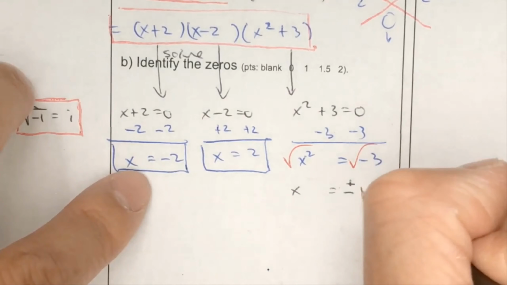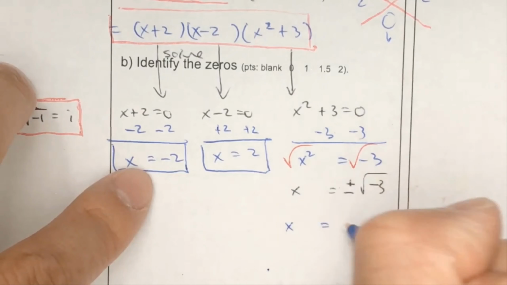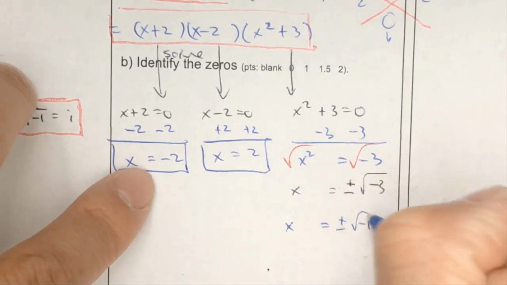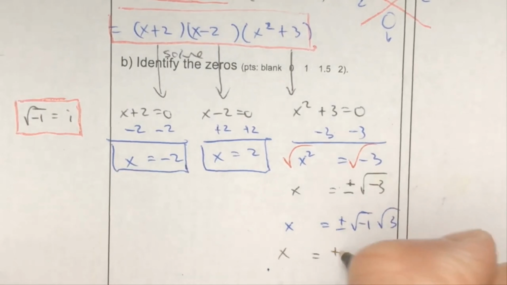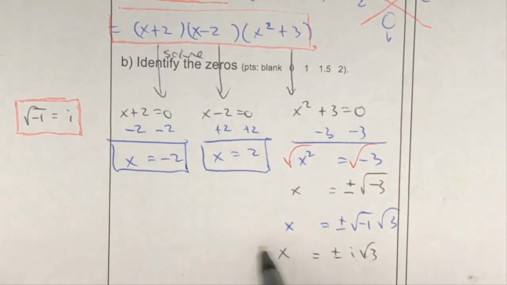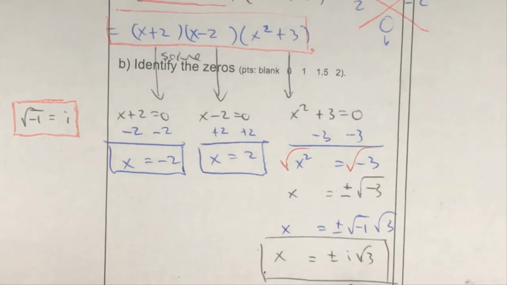And then you have the square root of negative 3. And the factors are negative 1 and 3. Square root of negative 1 is i. So this zero is x equals plus or minus i radical 3.